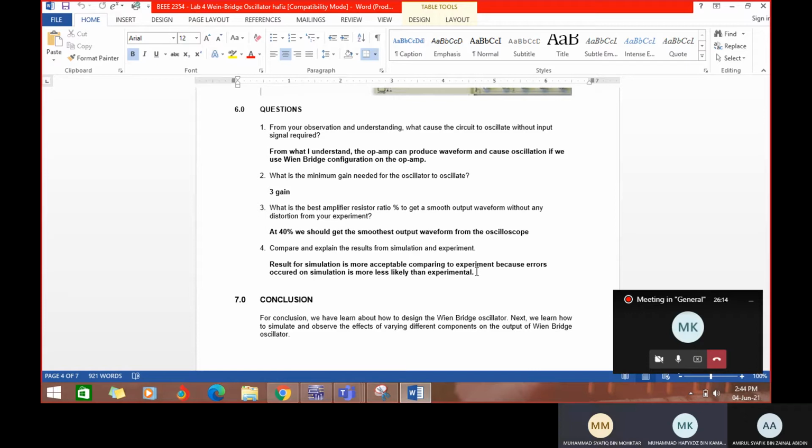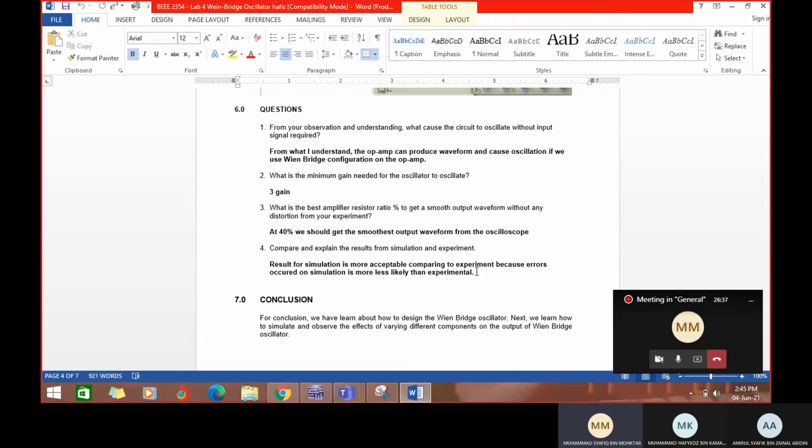Questions from the lab sheet. For the first question, from your observation and understanding, what caused the circuit to oscillate without input signal required? So the answer is, from what I understand, the op-amp can produce waveform and cause oscillation if we use the Wein-Bridge configuration on the op-amp.